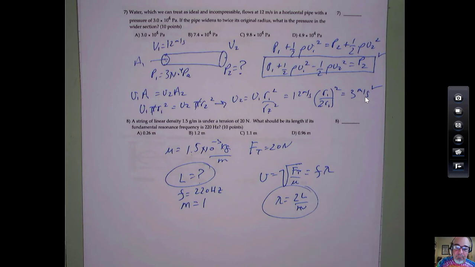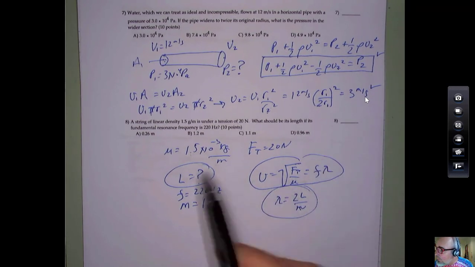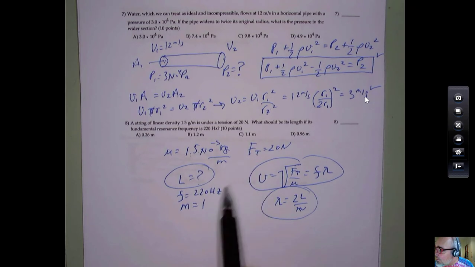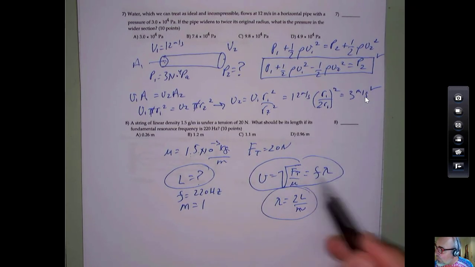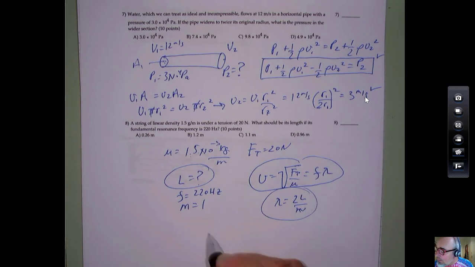So there are a few ways of approaching this. We have the mass per length, the tension, and the frequency. My eye jumps to this equation, this part of it here. Let me square both sides, and you get tension divided by mass per length is frequency squared times the wavelength squared.